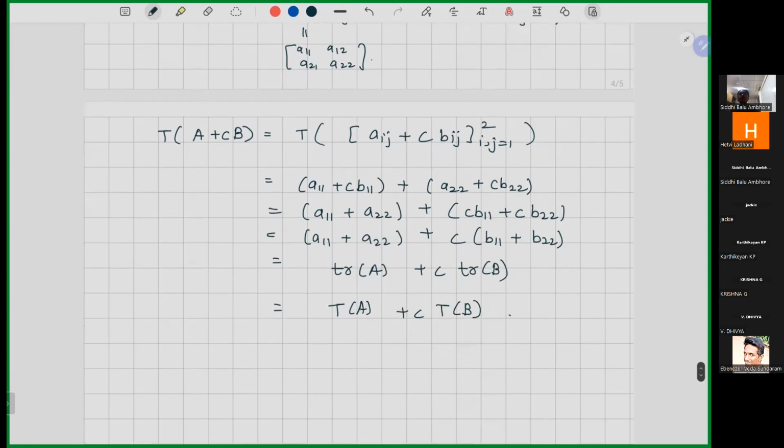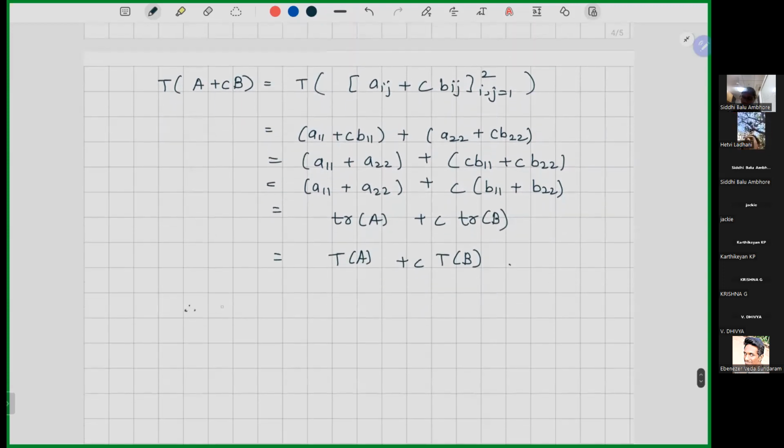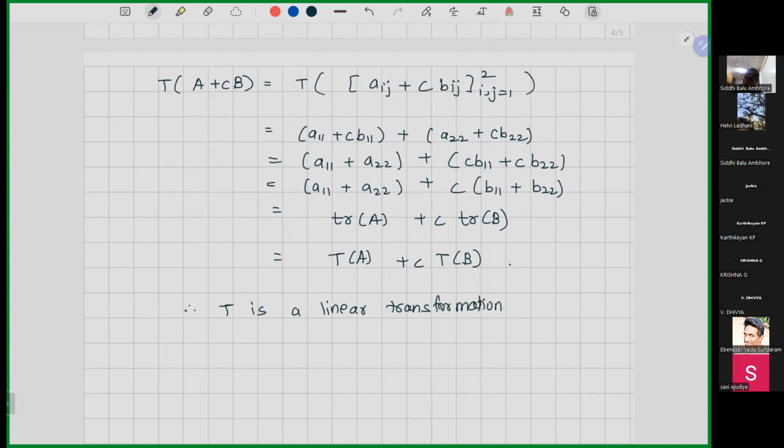Yes, even Divya also said that this is a linear transformation. Okay, so as we saw, this T is a linear transformation. So the lemma which we proved in the lectures was important.